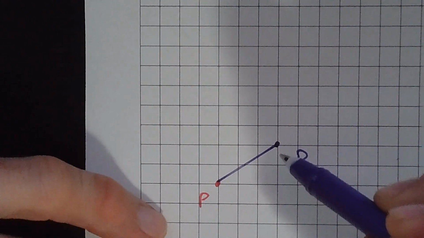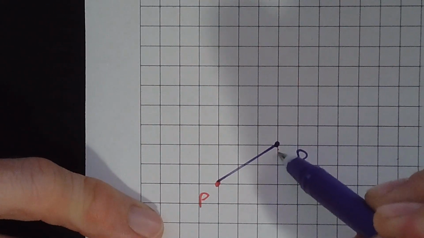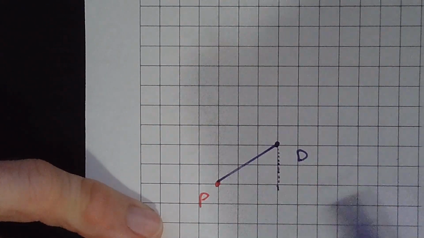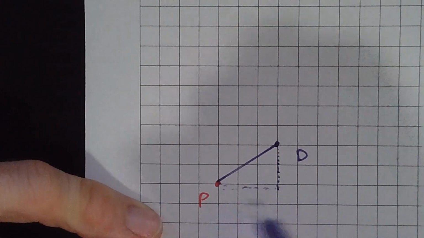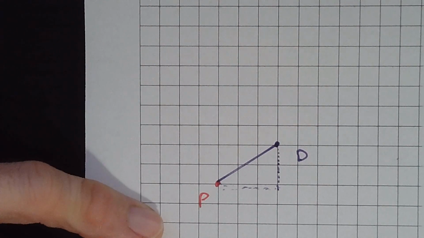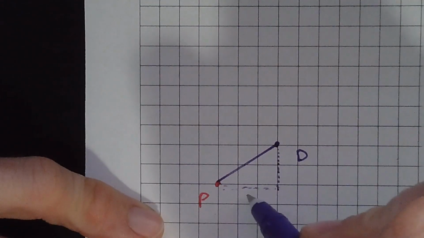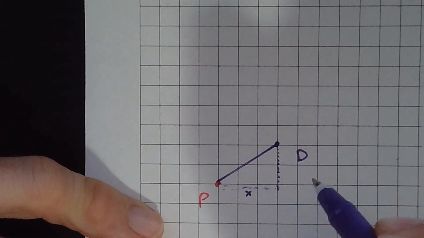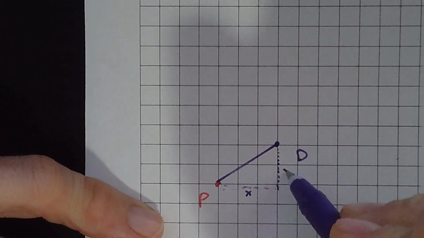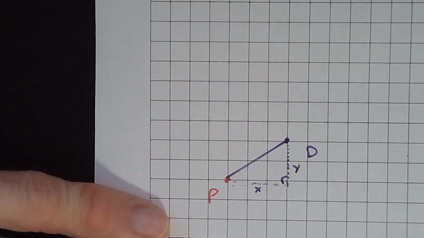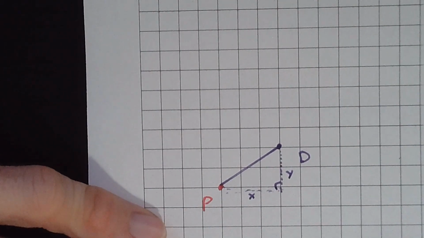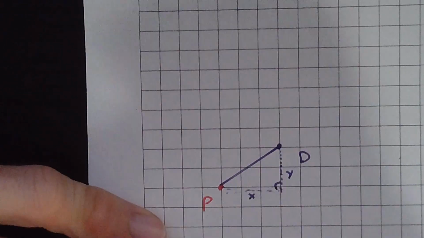And if I drop down a little horizontal, a little one over here, it makes a triangle. Okay, and that triangle is a right triangle, and my x value is one leg of the triangle, and my y value is another leg of the triangle, and this is a 90-degree angle, and that allows me to use Pythagorean's theorem to figure this out.